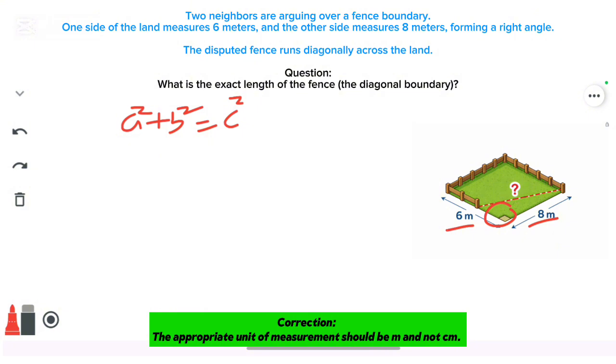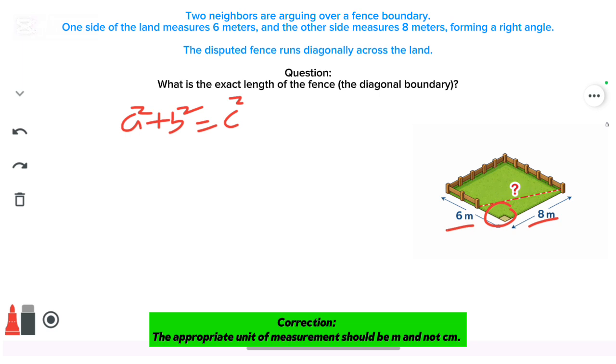So let's continue. Now we have the numbers given here. We have 8 and then we have 6 centimeters. So we are going to substitute that into the Pythagorean equation. So there we go. We have a squared.